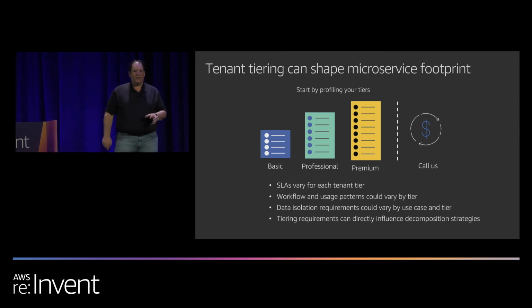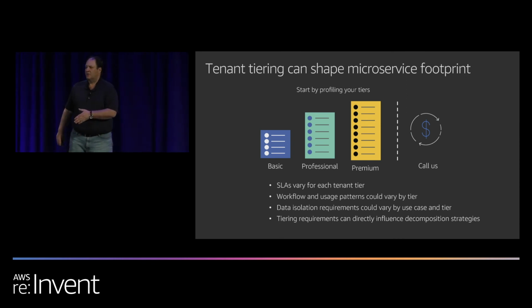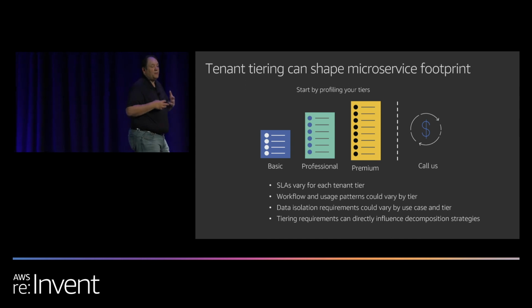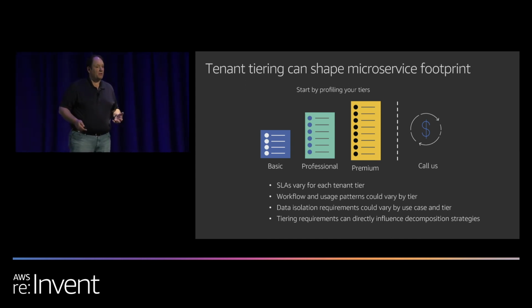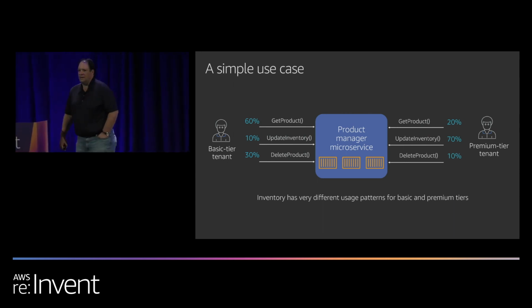So I really want to say to the business, like, what are the differentiating factors between the tiers of the system we're going to have, and how will those differentiating factors potentially change the way I pull the system apart?